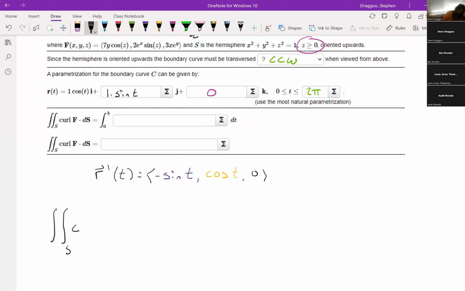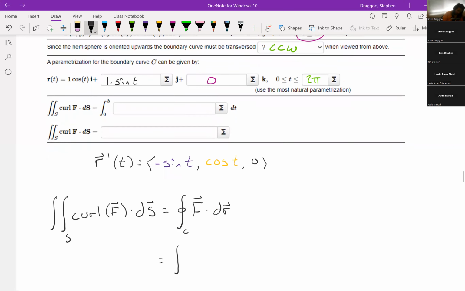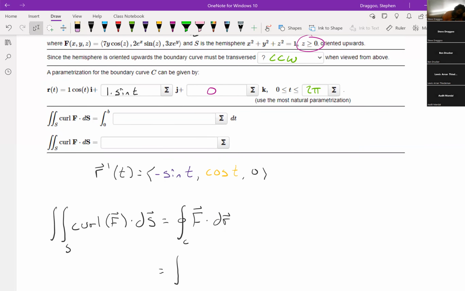The surface integral of the curl of f dot ds is equal to the line integral along the closed boundary curve C of our regular field f dot dr, which is going to be the single integral of our field.